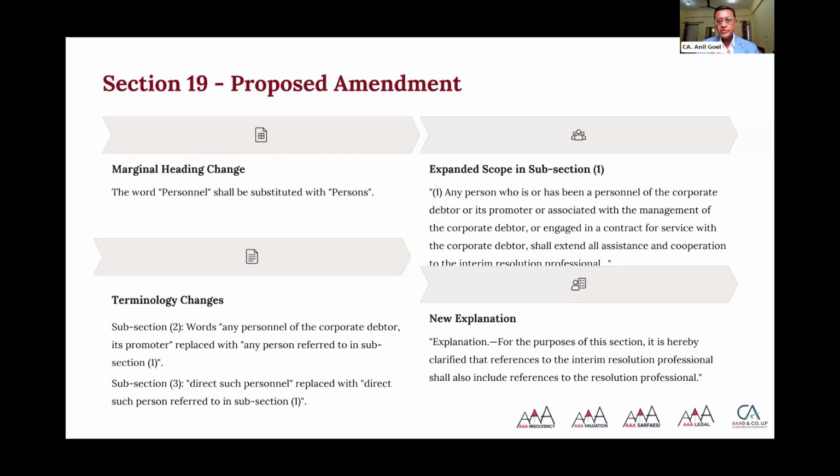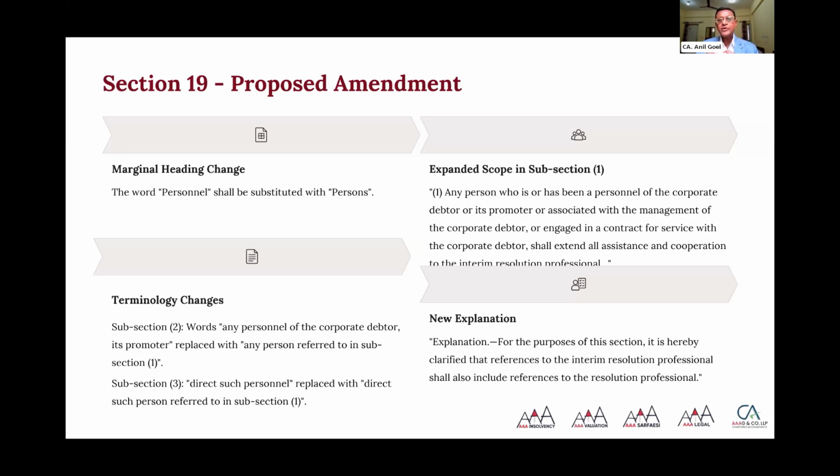One, instead of personnel, it is any person. Whether he was an ex-employee or is a current employee, that is also covered. Whether he was associated with the management of the corporate debtor in any manner, or was even engaged for a contract of service, so everyone, even all the consultants who have ever been engaged by the corporate debtor, are covered now. They are supposed to cooperate.